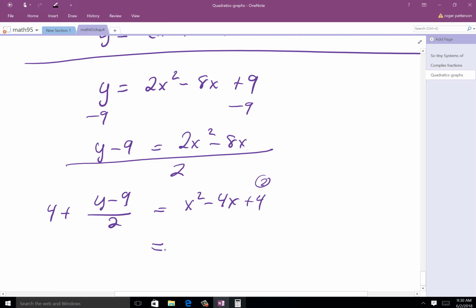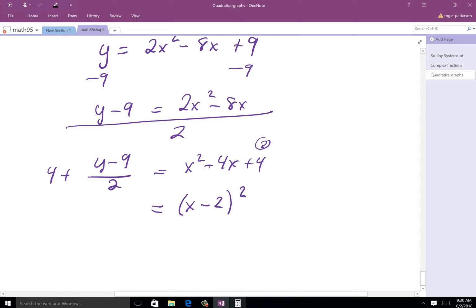Can't just add something to one side. Going to rewrite this, x minus 2 squared. Okay? Got all this junk over here. All right, so now I have that. Okay? So really, we haven't done anything much different. We just divided.